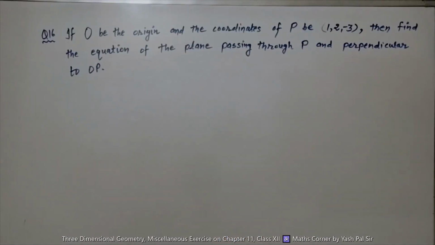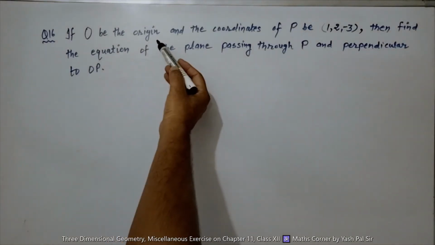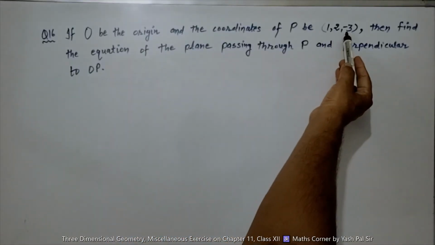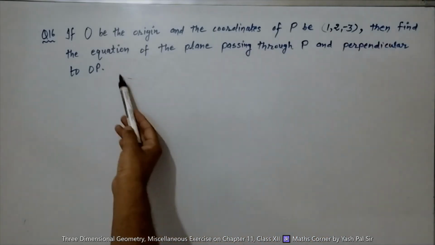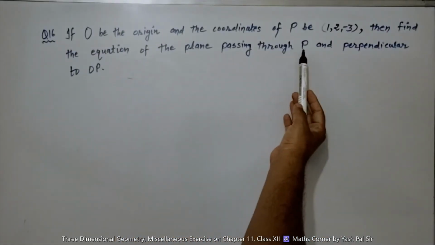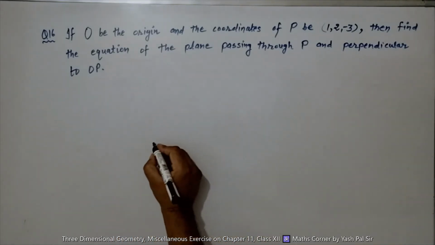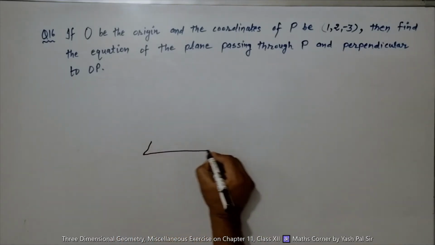Question number 16. If O be the origin and the coordinates of P be 1, 2, minus 3, then find the equation of the plane passing through P and perpendicular to OP. So what is the geometrical meaning of this?